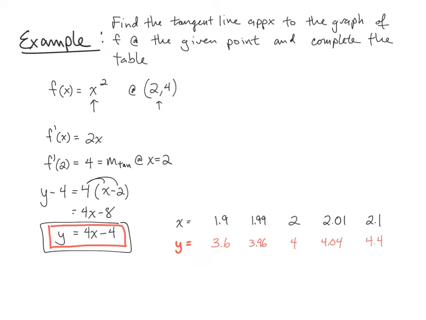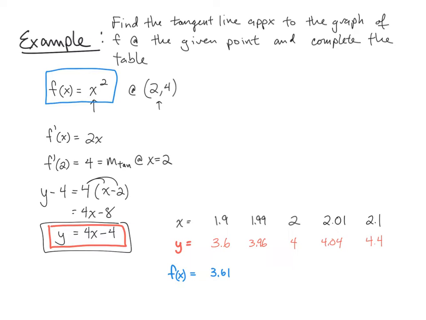Now, to see how close we get, or how close this approximates the actual function, I'm going to box this one in blue and say f of x equals. So when you substitute 1.9 into this function here, you end up with 3.61.